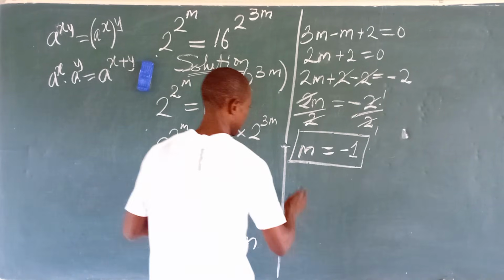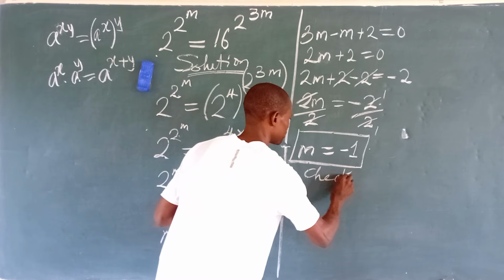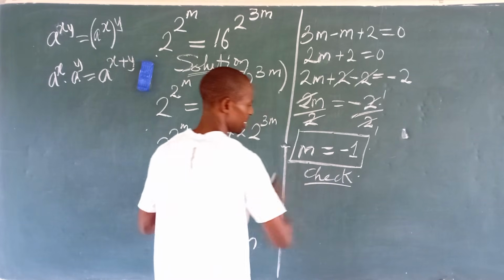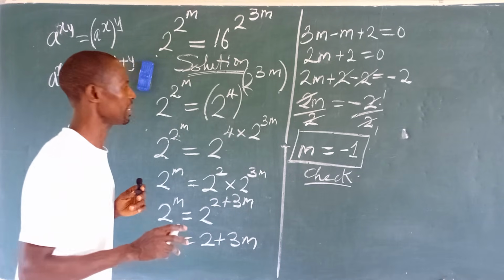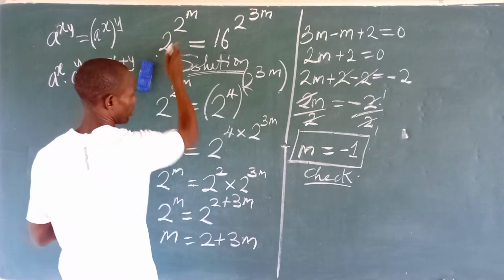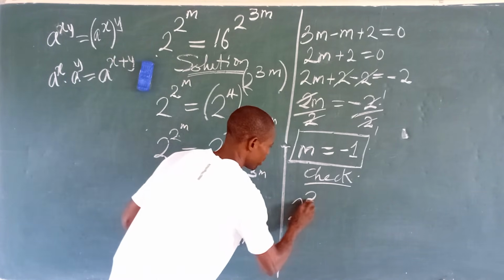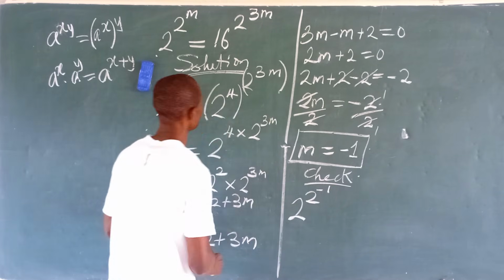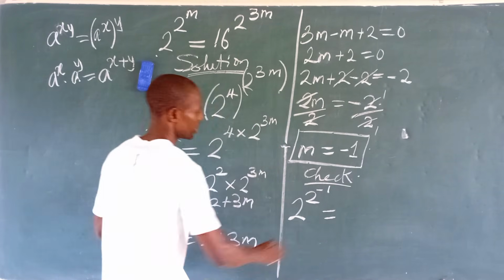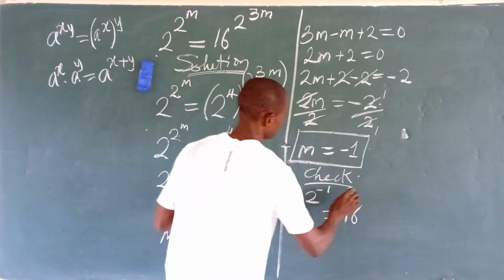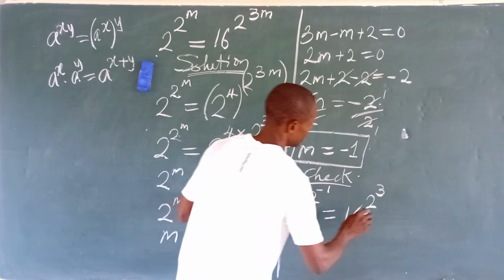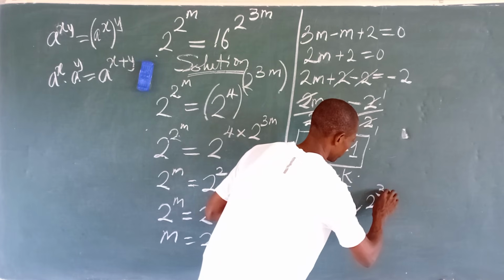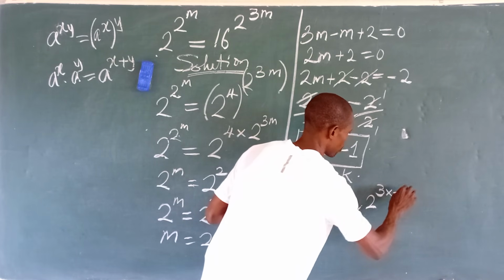So let's take a check. Wherever we see m, let's put in minus 1. So we're going to have 2 to the power of 2 raised to the power of minus 1 equal to 16 to the power of 2 to the power of 3 times minus 1.